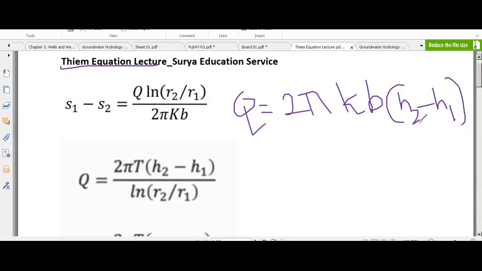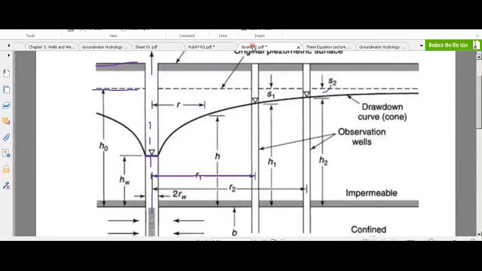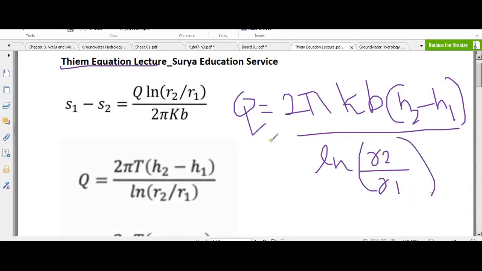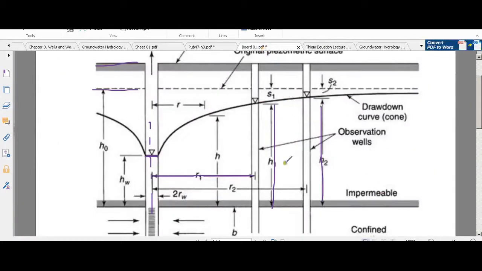When you focus there, this is h2, the larger height, h2 minus h1, divided by ln of r2 divided by r1. In the same case, the height difference of h2 and h1 is the same as the height difference of s1 and s2. Did you get the point?